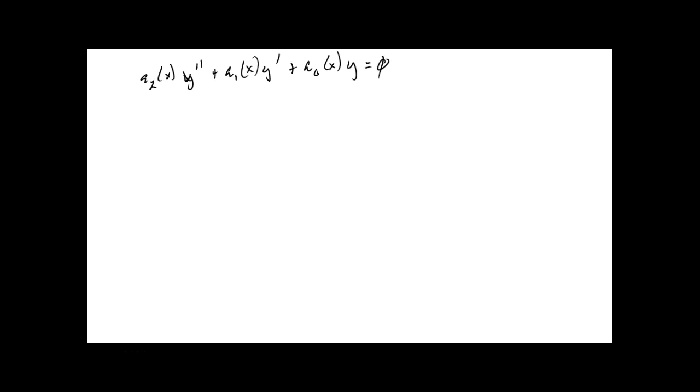Okay. We seek a second solution so that the set consisting of y1 and y2 is linearly independent on I. But recall from section 4.1 that if they are linearly independent, their quotient y2 divided by y1 is non-constant on the interval. That is, y2 divided by y1 is some new function u of x, not a constant, and y2 is equal to u of x times y1 of x.